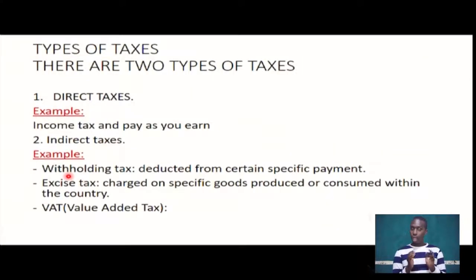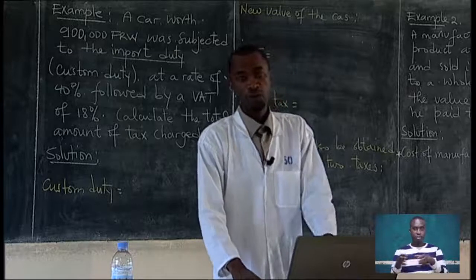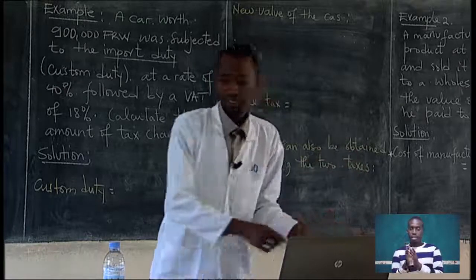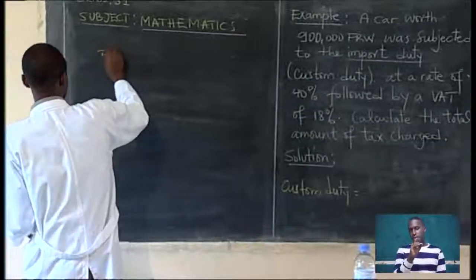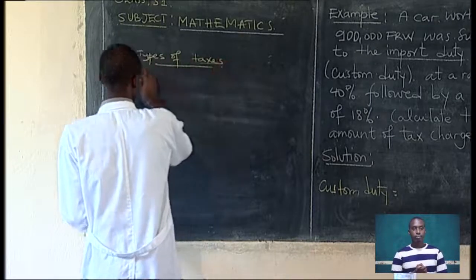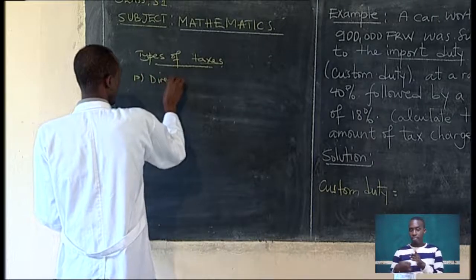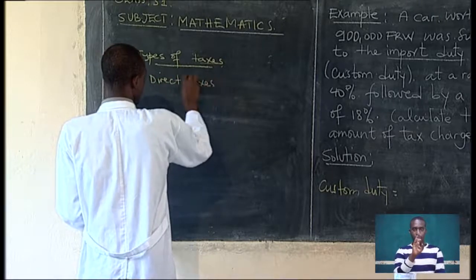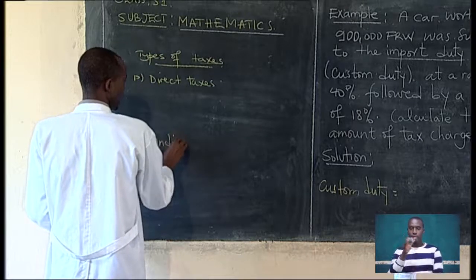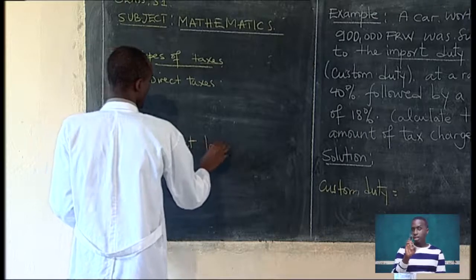And we need also to understand the different types of taxes that we have. You can classify taxes into 2 different categories. We have what we call direct taxes, and we have what we call indirect taxes.